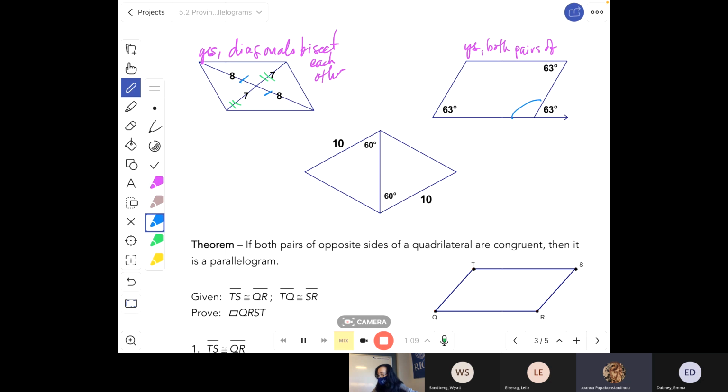Subtract it from 180, right? Okay, so what is the degree measure just for kicks of this angle? Yes, and so do I know the degree measure here? Absolutely, it's 117. So opposite, well, we know the opposite sides are also congruent, right?